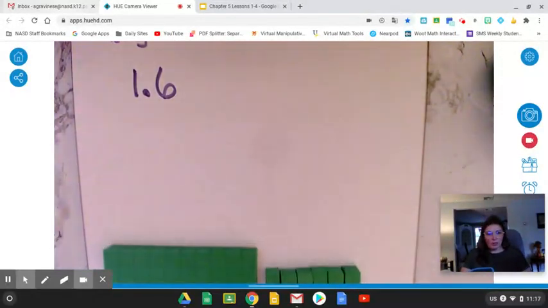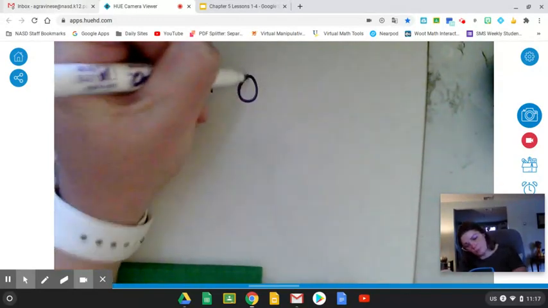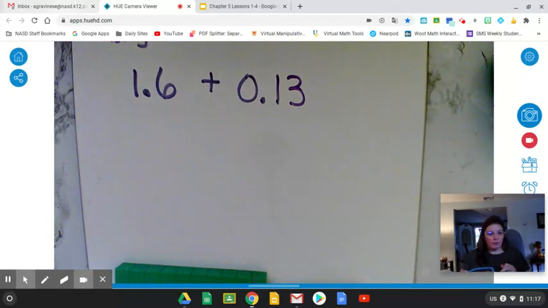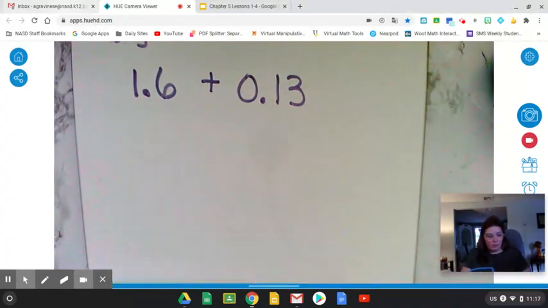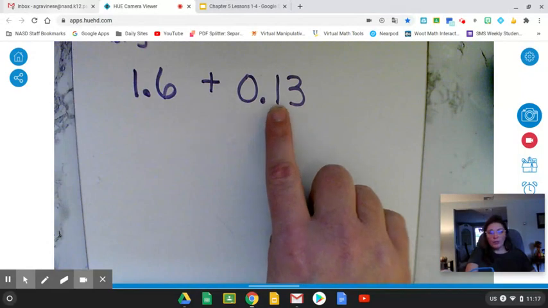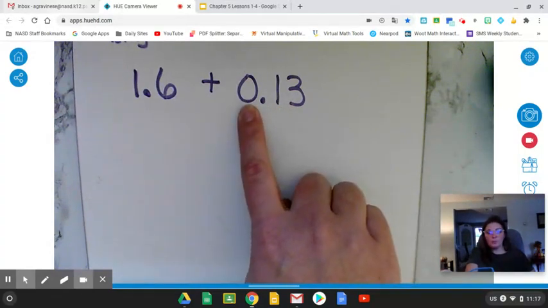All right, let's take our 1 6/10 and add to it 13/100ths. So I moved my 1 6/10 to the bottom to give space. And now I want to show 13/100ths. When I look at 13/100ths, I have 0 wholes.